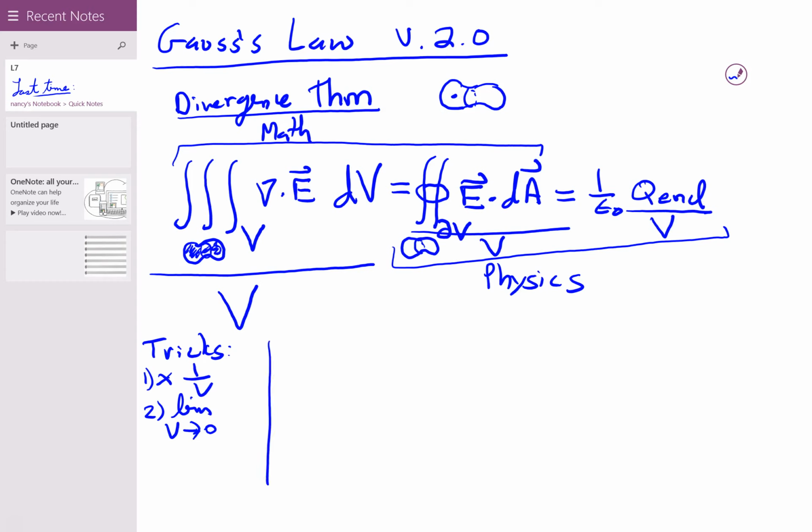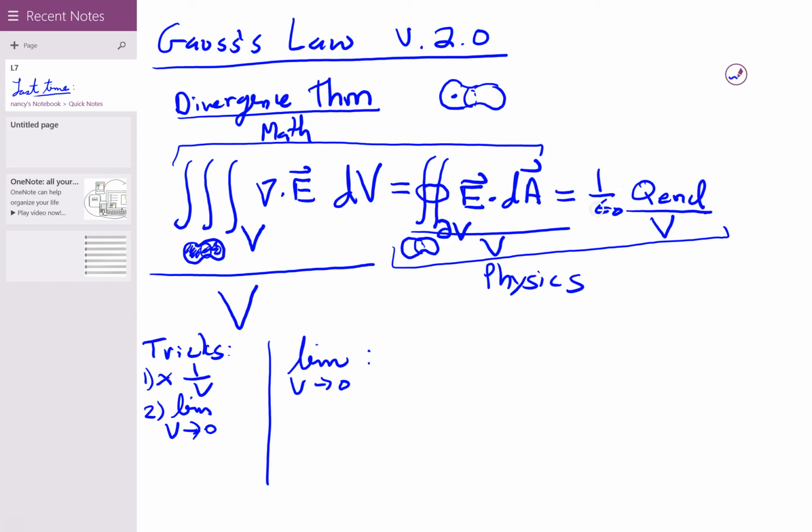So if I take that limit as the volume goes to 0, a couple of things are going to happen. The first, over on this side, is a little bit easier to see. If I take the limit as that volume goes to 0, 1 over epsilon naught is just a constant.